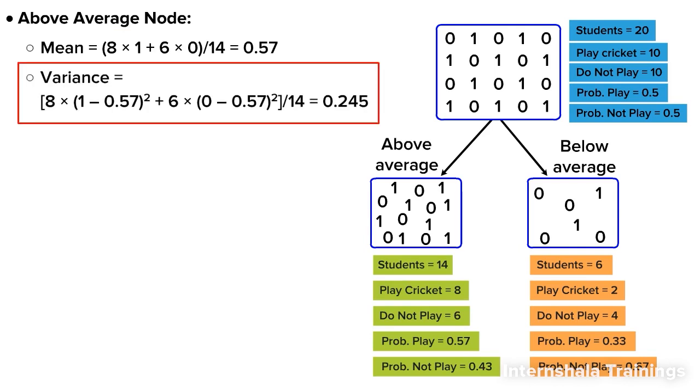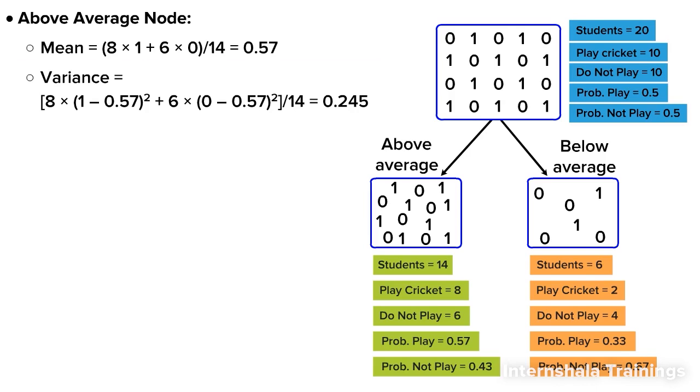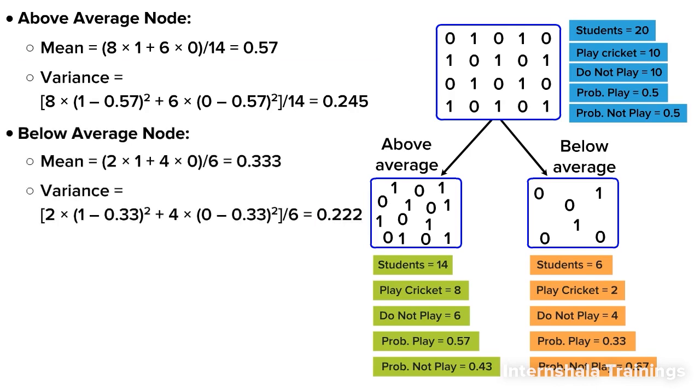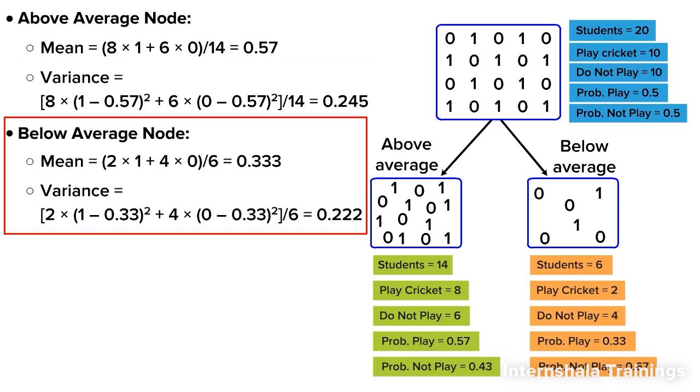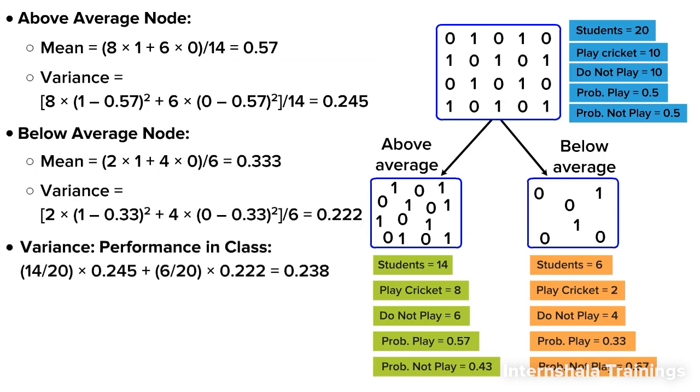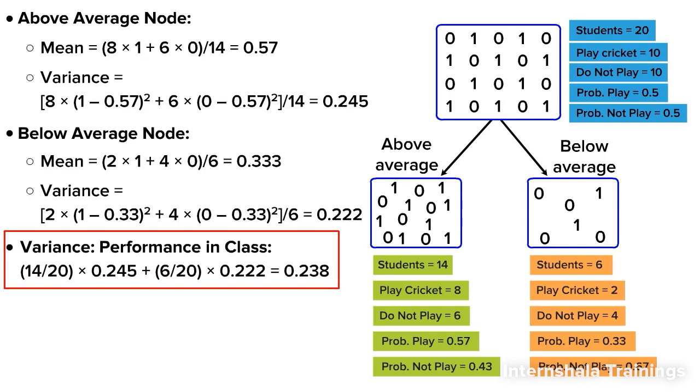Now the variance of this node can be calculated using the variance formula, which we saw earlier. On plugging in the values, we get the variance as 0.245. Similarly, we can calculate the variance for the below average node, and the variance comes out to be 0.222. Finally, the variance for the split on performance in class is the weighted sum, which is around 0.238.